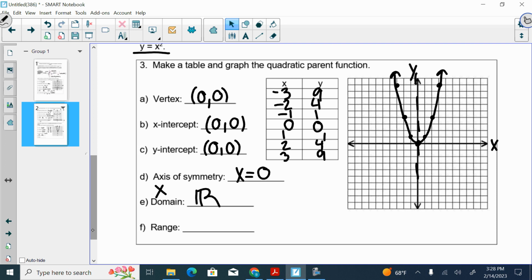All right, and then my range, that's my y's. Is that graph ever going to stop going up? But does it go down forever? What was its lowest point? 0. Okay, so I go from 0 up. Do things get bigger or smaller? Bigger. So y is bigger than or equal to 0. All right.